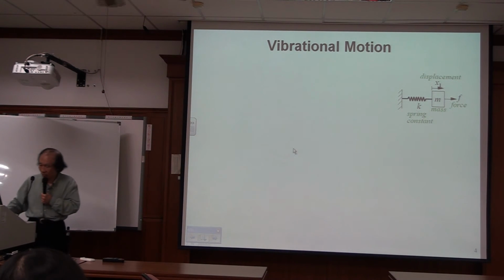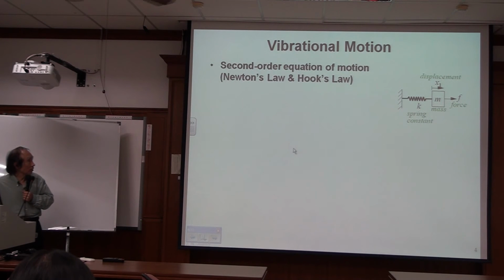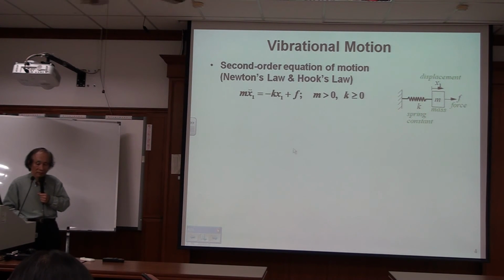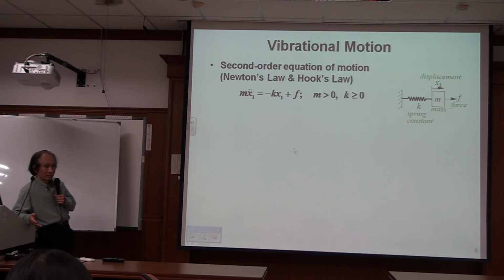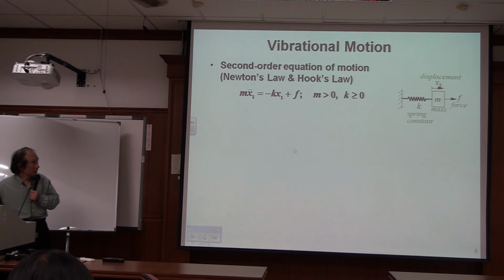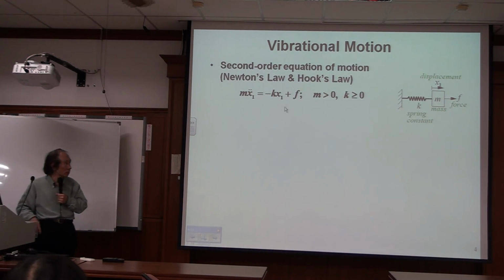Then the second order equation of motion, called Newton's law and Hooke's law, is like this: m x1 double dot equal to minus k x1 plus f. This spring system, the equation of motion is m x1 double dot equal to minus k x1 plus f.